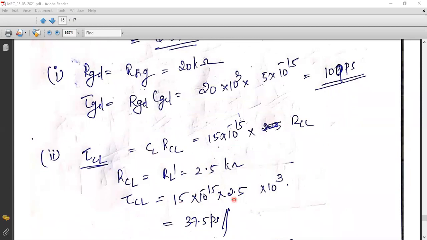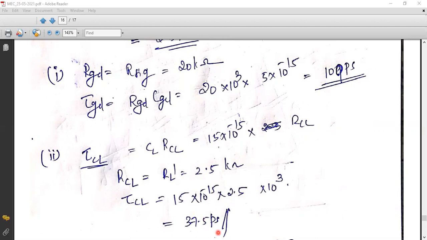So 15 into 10 to the power minus 15 into the resistance value 2.5 into 10 to the power 3. Again, it will be in picoseconds because 10 to the power minus 15 plus 3 will be 10 to the power minus 12. So the answer will be in pico. 15 into 2.5 is 37.5, I guess, right? Yes, sir.